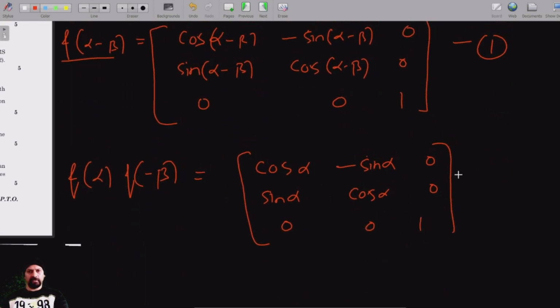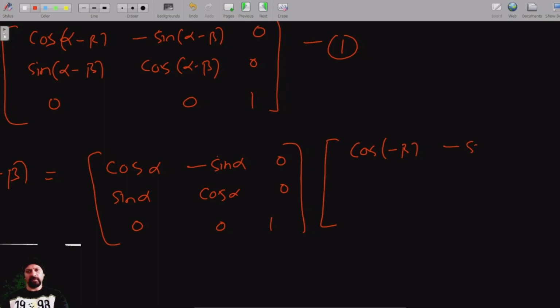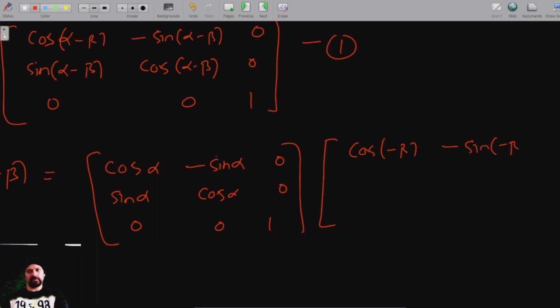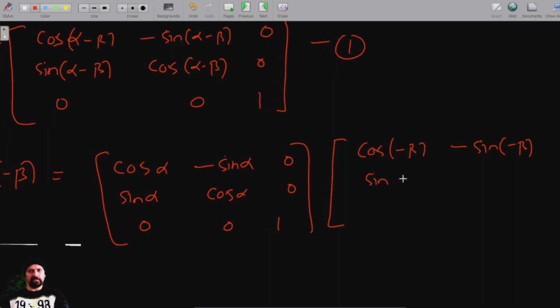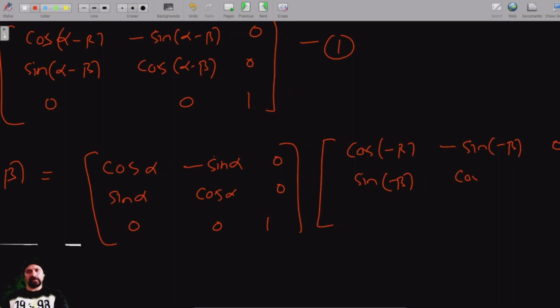Now f of minus beta is cos of minus beta, minus sin of minus beta, 0, sin of minus beta, cos of minus beta, 0, 0, 0, and 1.